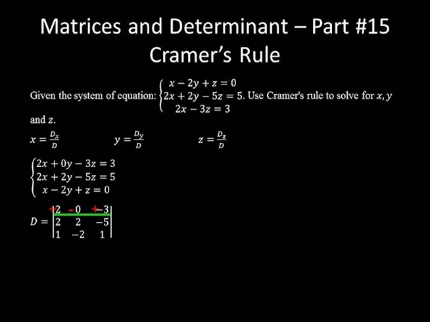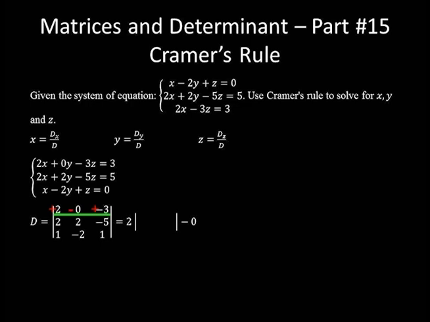So the determinant is equal to 2 times the determinant of the first 2 by 2 matrix, minus 0 times the determinant of the second 2 by 2 matrix. No need to find the values of the second 2 by 2 matrix because its coefficient is 0 and 0 times any number is simply 0.